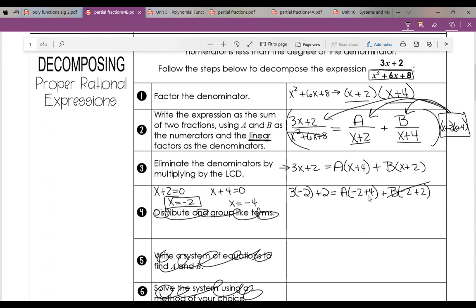The only variable I have left is a, and a just so happens to be the numerator of this fraction. So now all I have to do is clean this equation up now that b is gone, and I have my a value. So I get negative 6 plus 2, which is negative 4 on the left. I get a times 2, which is 2a on the right, and a ends up being negative 2.